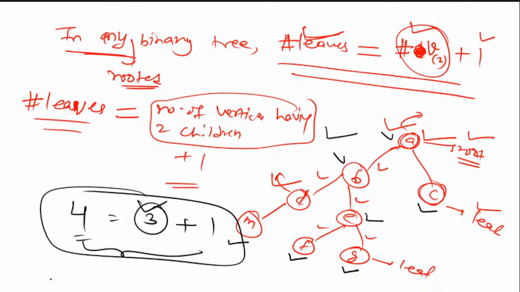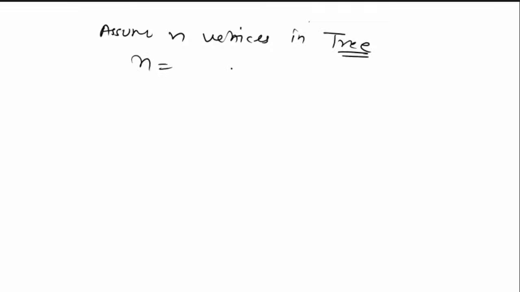Now let's prove it. To prove it, we will use the degree sum formula. Let's assume that this tree has n vertices. Since this is a rooted binary tree, n will be n0 plus n1 plus n2.